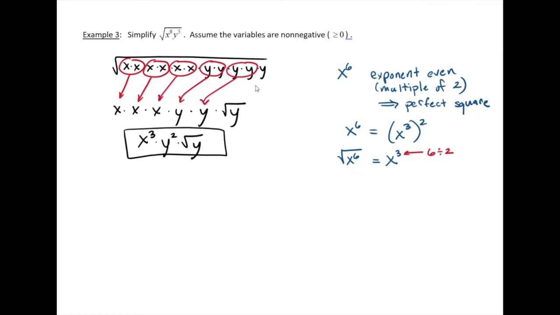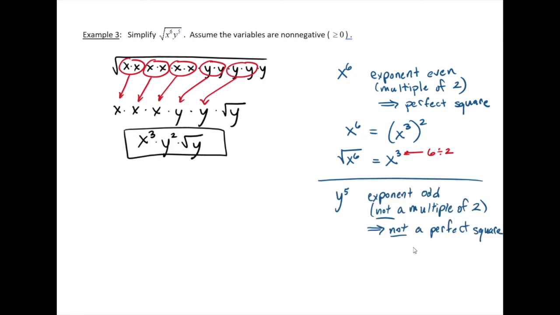If it's not, like the second factor here, y to the 5th power, then we'll have to factor out one of the variable factors first. So y to the 5th power cannot be written as a perfect square as we could with x to the 6th power. In this case, when we want to take the square root, we'll factor out one factor of y.